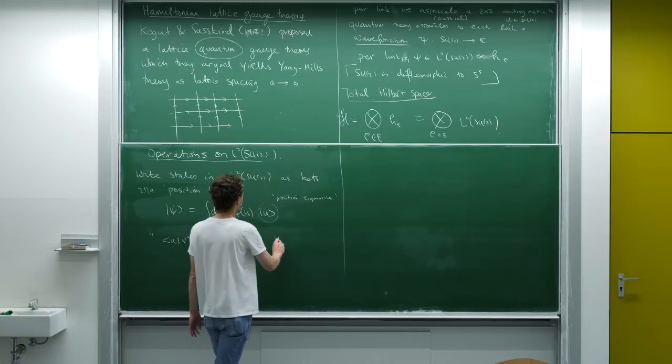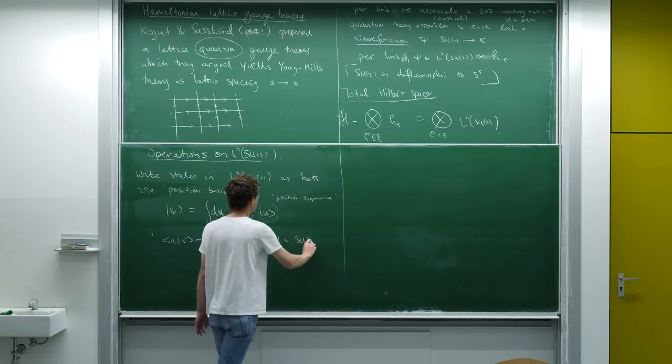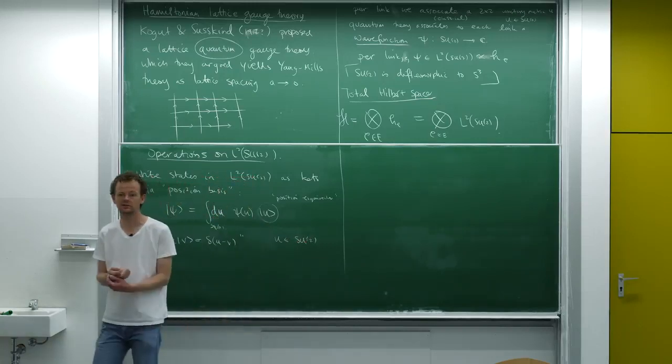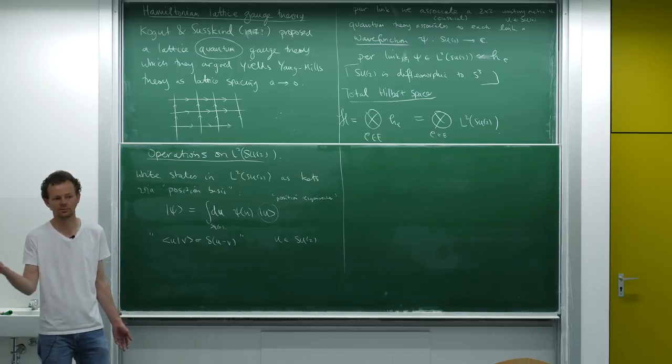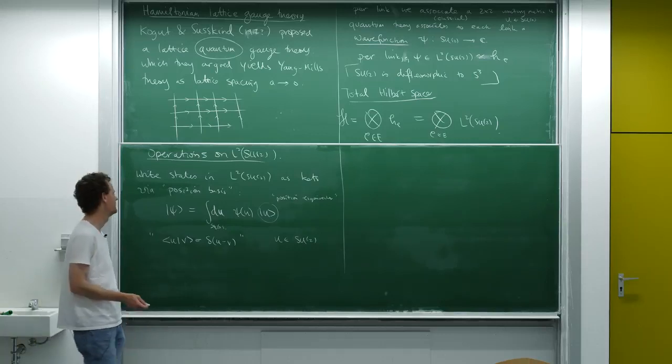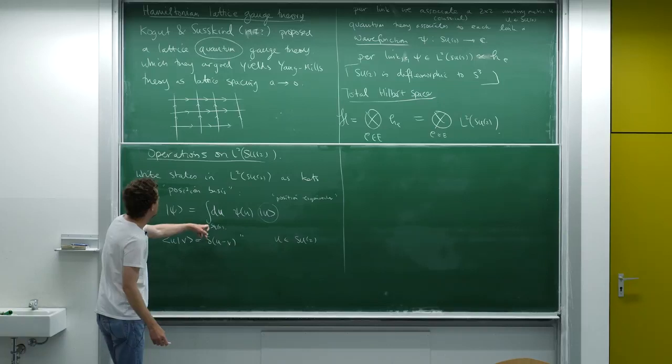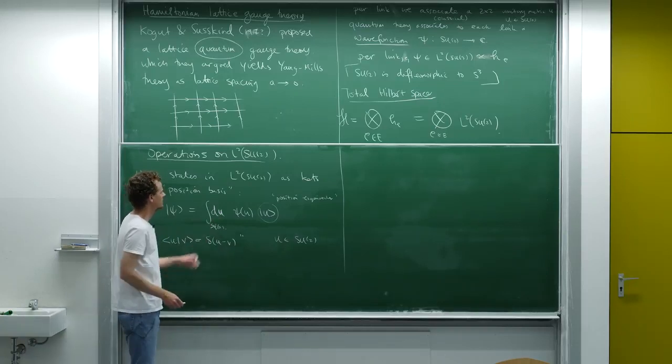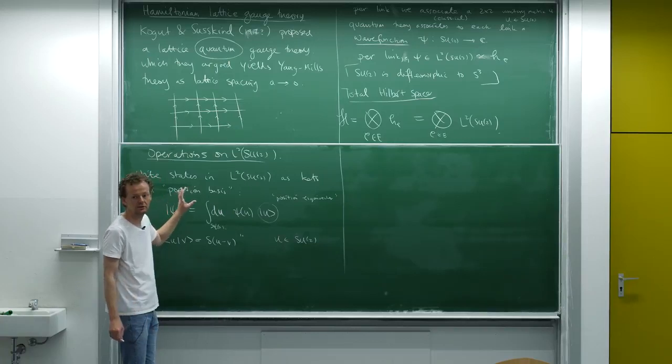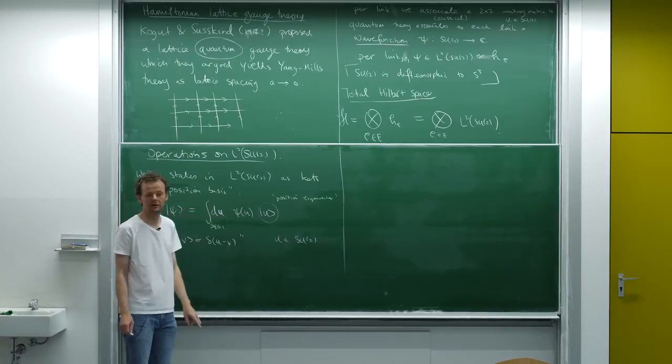And I often don't bother with coordinates. We just say that u is an element of SU2. U is a 2 by 2 matrix. It's a list of 4 numbers, or 3, because we've got this determinant condition. So you can think of this as a definition of the ket associated to this wave function psi there.